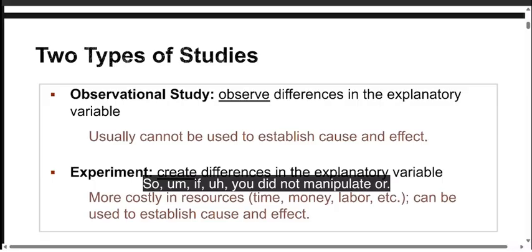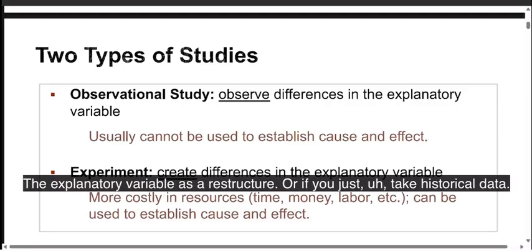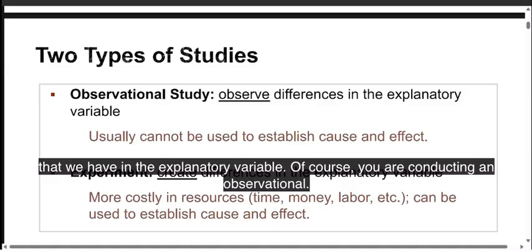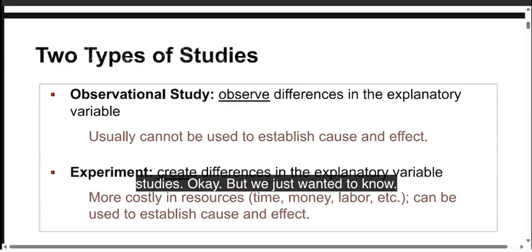If you did not manipulate the explanatory variable as a researcher, or if you just take historical data and observe what differences we have in the explanatory variable, of course you are conducting an observational study.